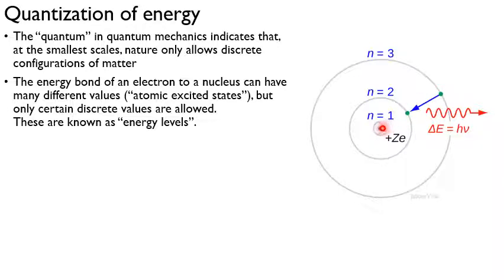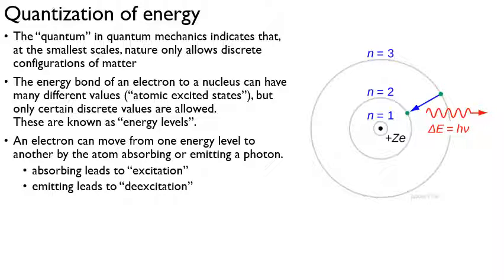So the really tight circles here with the small radii are very bound electrons. There's a lot of energy holding these electrons into the atom, and you get to less bound electrons as you move out to larger radii in this cartoonish picture. And these are different energy levels here.